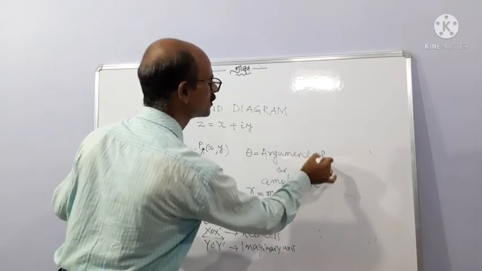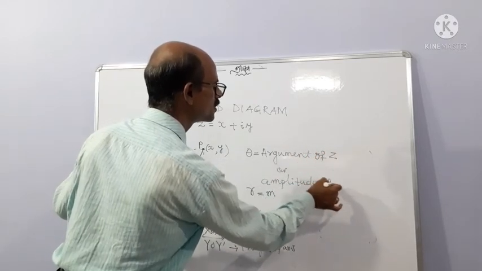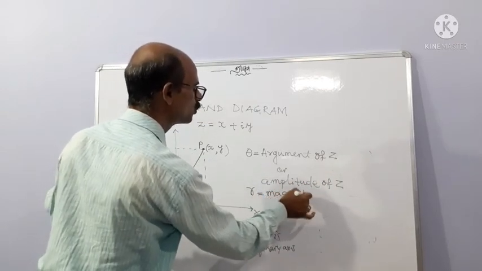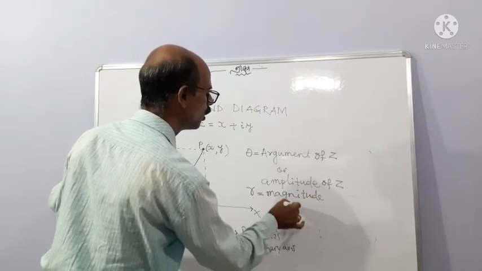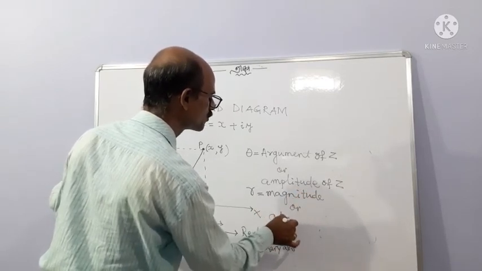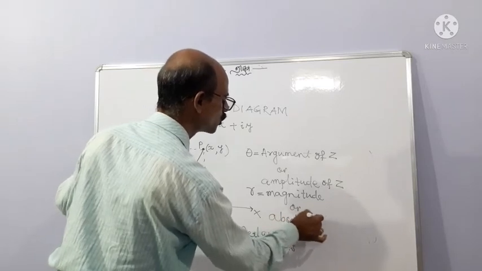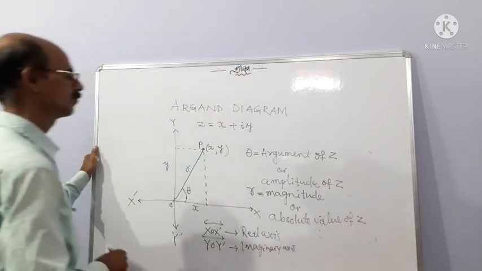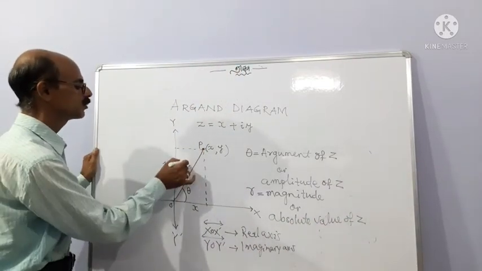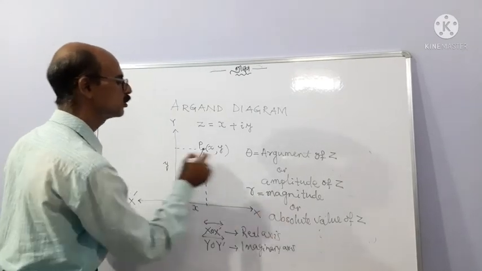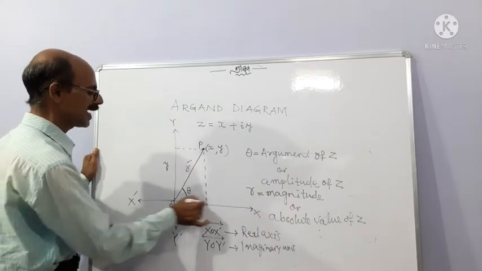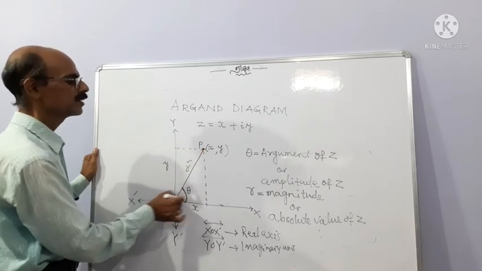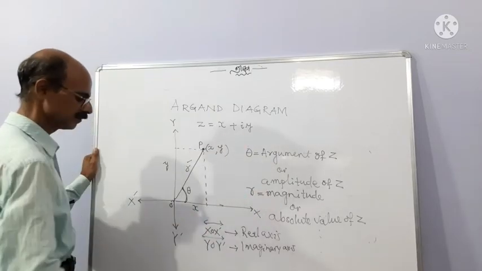This is the argument of z or amplitude of z, and r is called the magnitude or absolute value of z. So OP, that is equal to r, is the magnitude or absolute value, and the angle theta which the x-axis forms with OP is called the argument or amplitude.